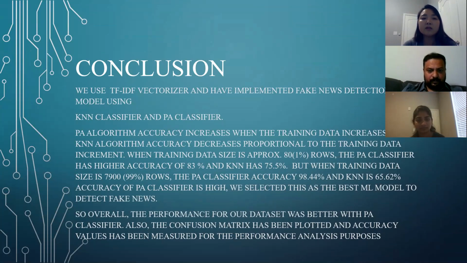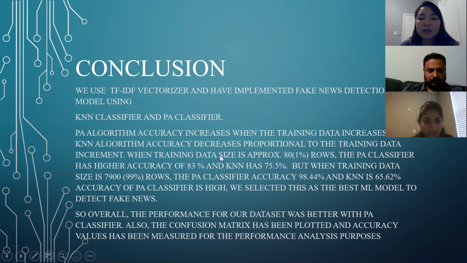In conclusion, we used the TF-IDF vectorizer and implemented the fake news detection model using KNN and PA classifier. PA algorithm accuracy increases when the training data increases, and KNN algorithm accuracy decreases as the training data increases.